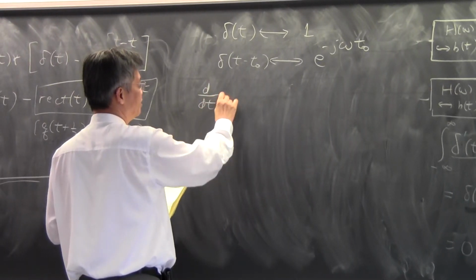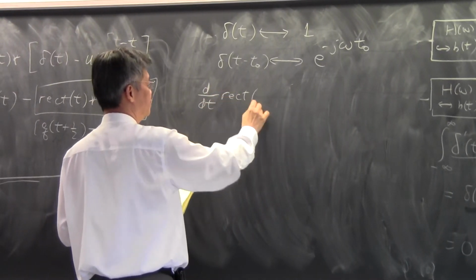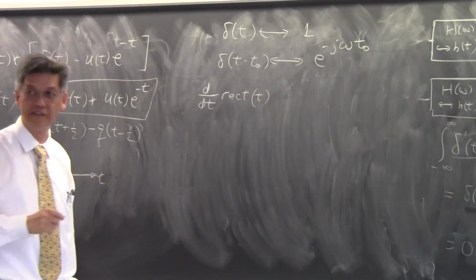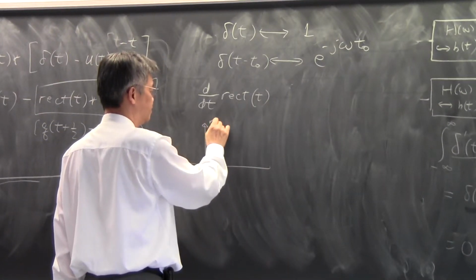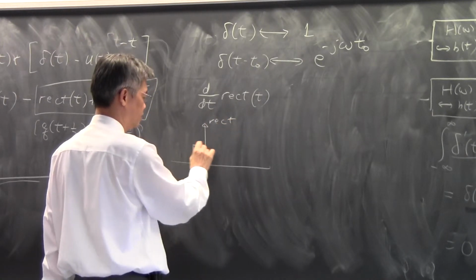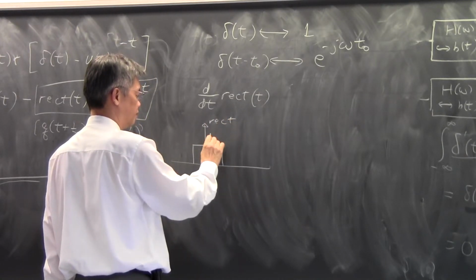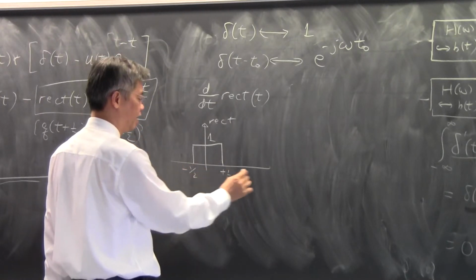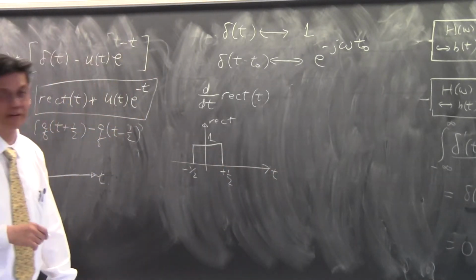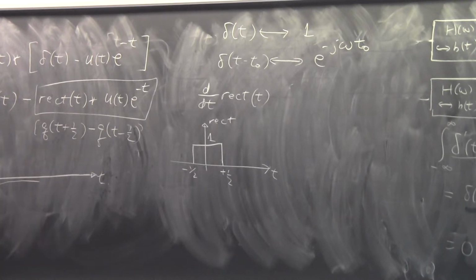Just a way of deriving that identity is that you can think of a rect function. A rect function is just equal to that. It's 1, and then it goes to 0 at plus half and minus half. If you were to differentiate the rect function, what do you get? You get two delta functions.